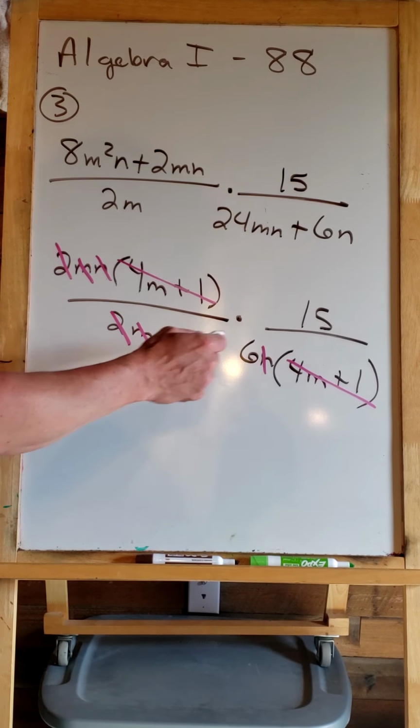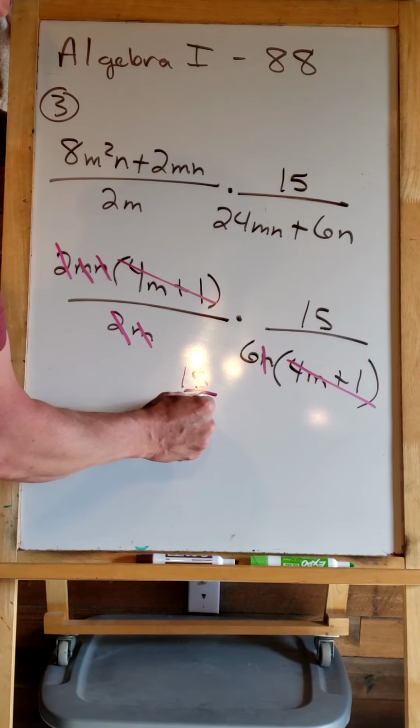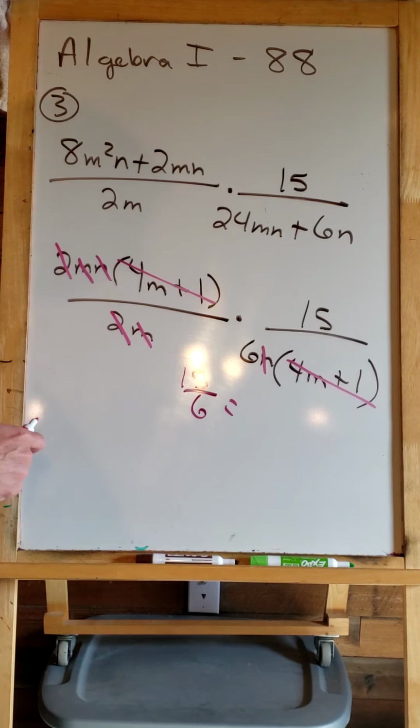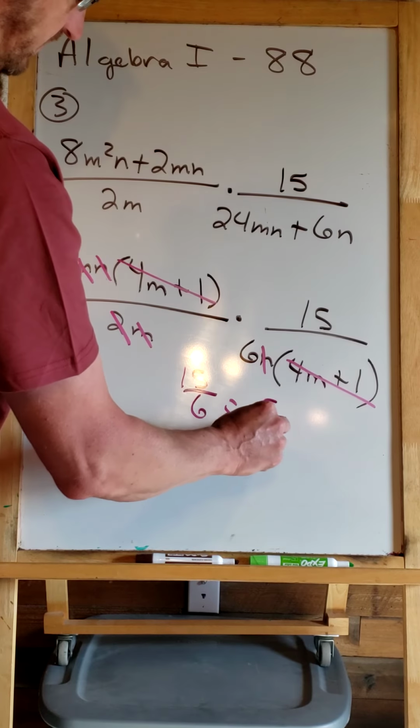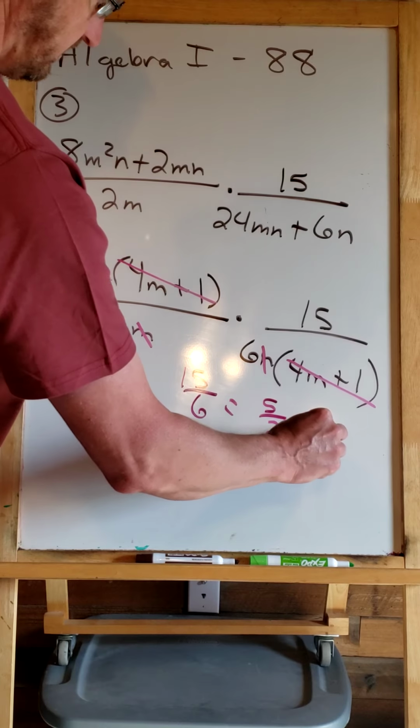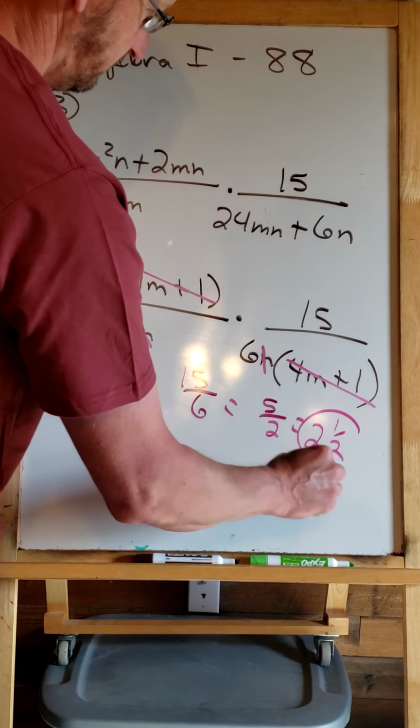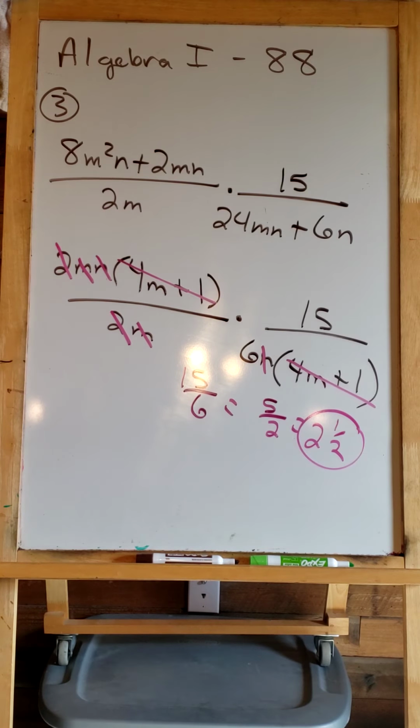And then I have 15 over 6, which we can reduce. 3 goes into both of those, where I have 5 over 2, which is 2 and a half. So that simplifies all the way down. Okay? So, just be careful with those, simplify them out, and then cancel out what you can. Okay? All right.